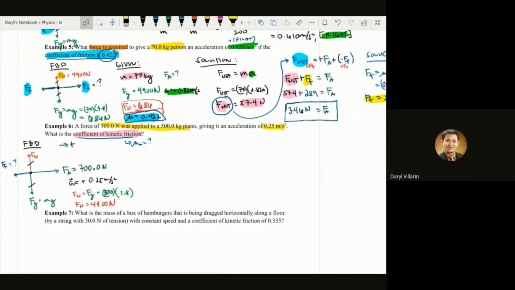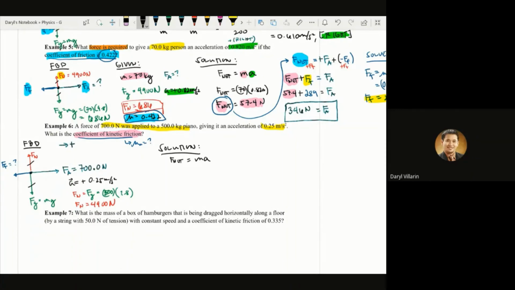So again, mu k is unknown here, but remember, mu k is related to your frictional force. So in my solution, this particular object is accelerating. So I'm going to start with Newton's second law, that the net force acting on the object is equivalent to its mass times its acceleration.